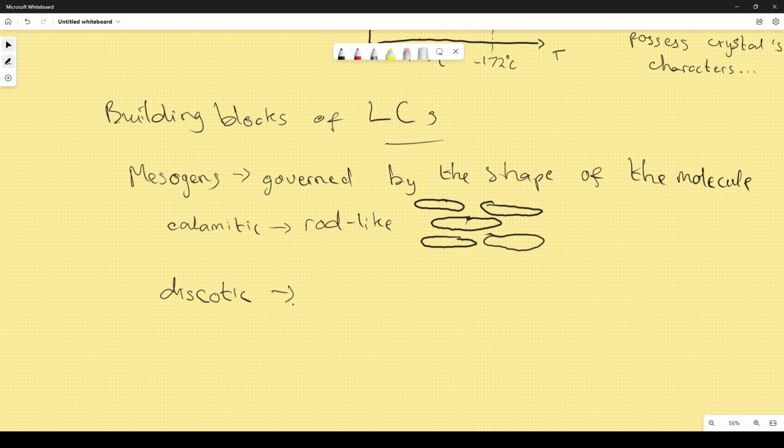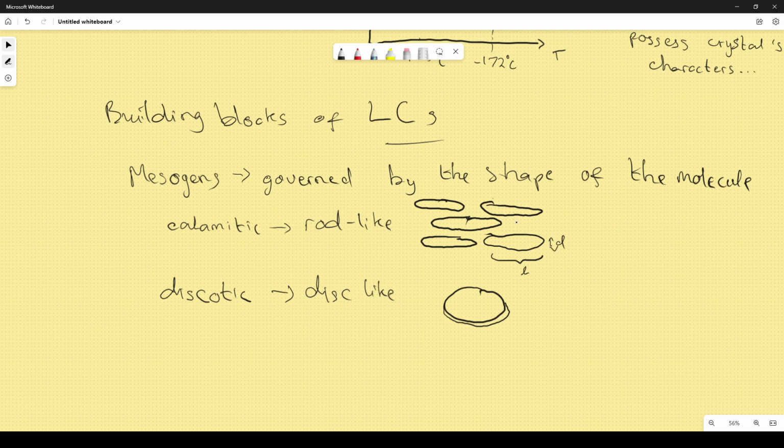As you might have guessed, this is a disc-like structure over here. They're actually three-dimensional beings. What differs them is that they have a certain length, L, and a diameter.